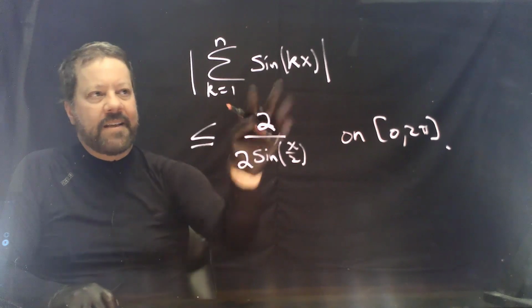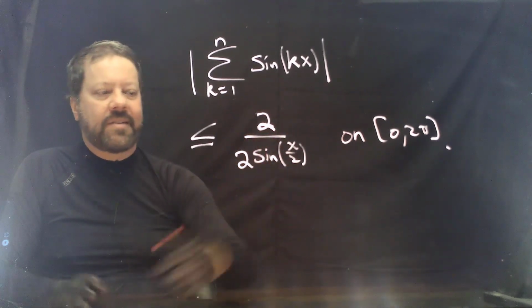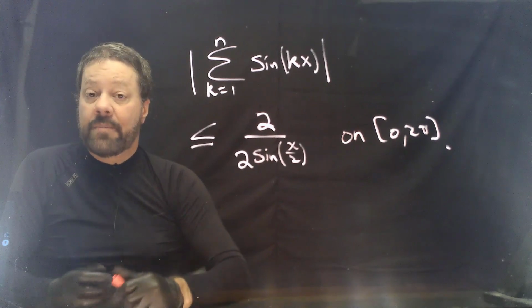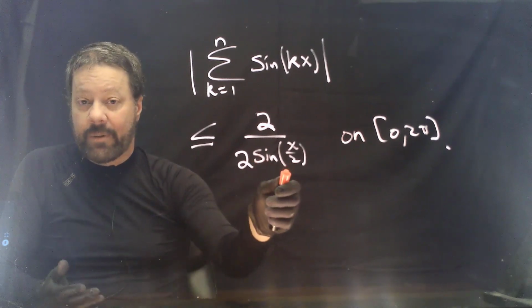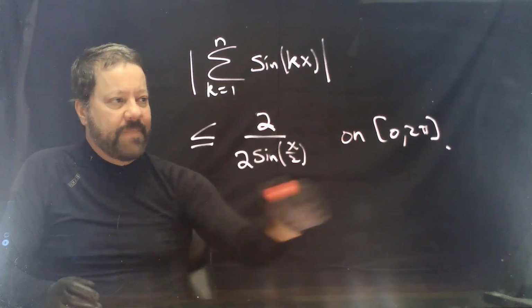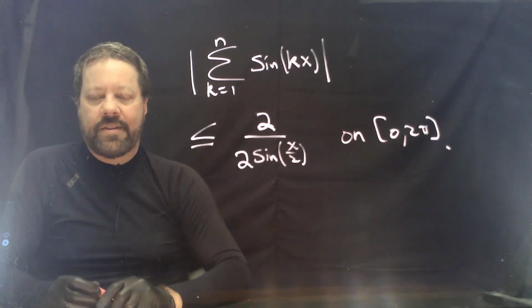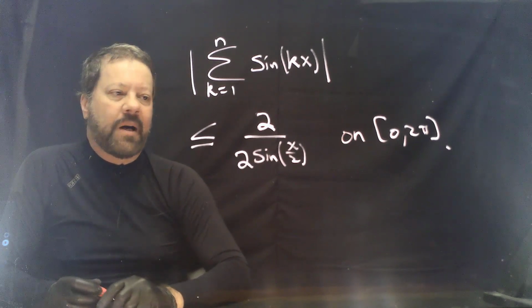So we can see that these partial sums will be bounded provided that x stays away from certain places, which makes the denominator equal to 0. In other words, we have to be apart from the endpoints of this interval, away from 0 and 2 pi.